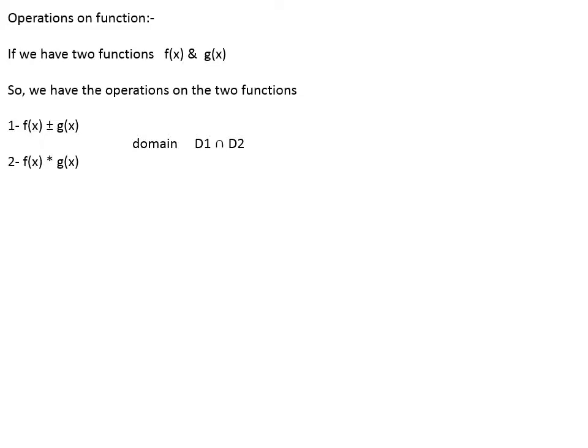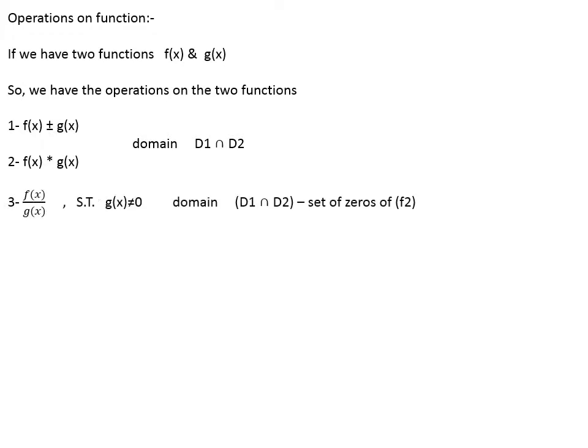Number 3, if we have two divided functions such that g of x, the second function, doesn't equal 0, the domain here is the intersection between the domain of the function f of x and the domain of the function g of x, minus the set of zeros of the second function, which is g of x.